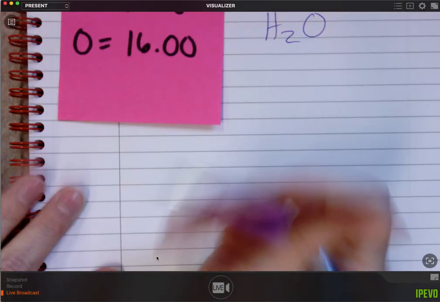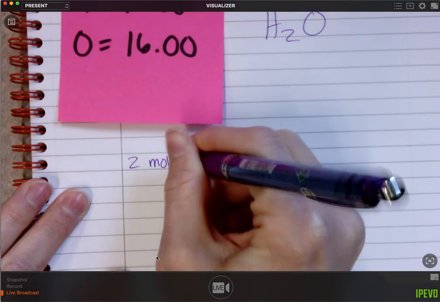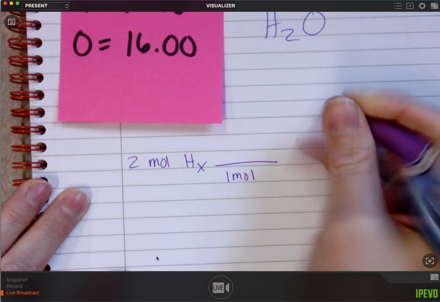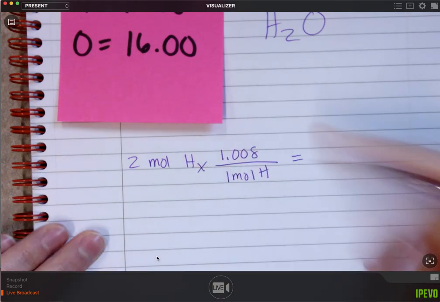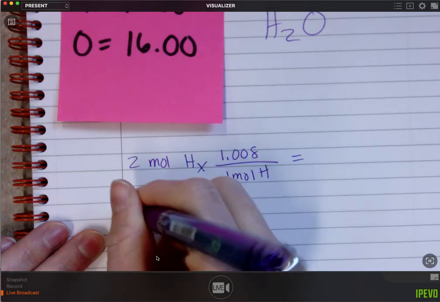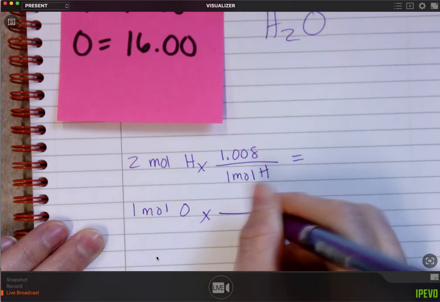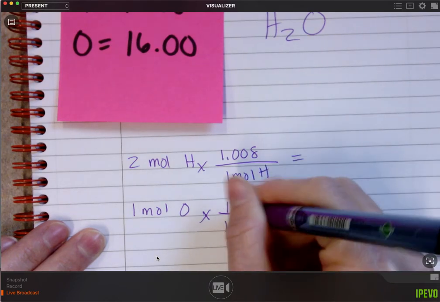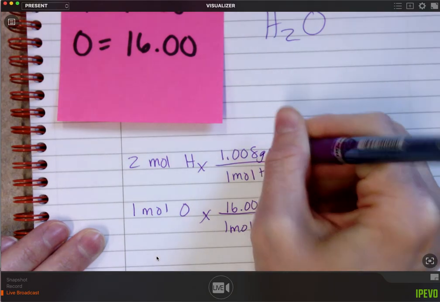So I have 2 moles of hydrogen, and 1 mole of hydrogen weighs 1.008. I also have 1 mole of oxygen, and 1 mole of oxygen weighs 16.00 grams.